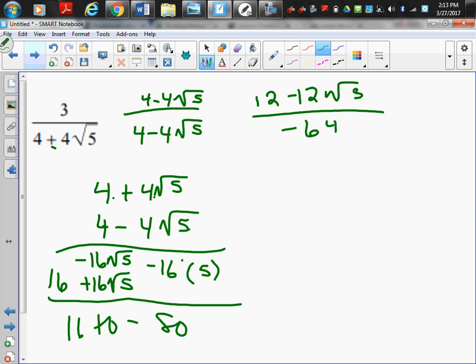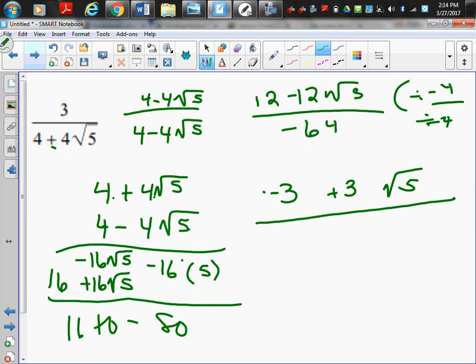Alright, so 12 divided by negative 4, negative 3. I thought you were saying negative 64 divided by 4. We'll get there. Negative 12 divided by negative 4. Alright, so plus 3 square root of 5.